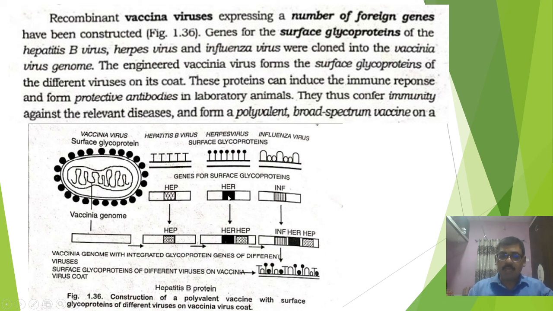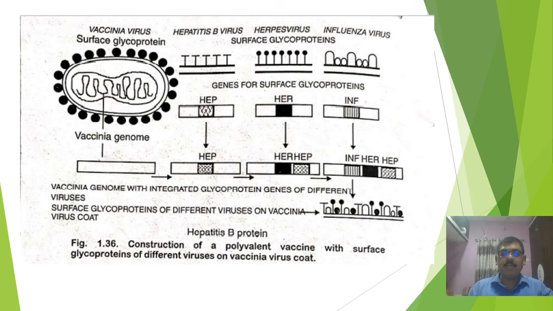So this is the way by which you can produce the vaccine by recombinant DNA technology. This is the vaccinia virus surface glycoprotein, and you have isolated the genes for these three and incorporated them into the vaccinia genome, and again into the vaccinia virus. Here only the vaccinia surface glycoprotein is present, but here you can observe on the surface all four glycoproteins.